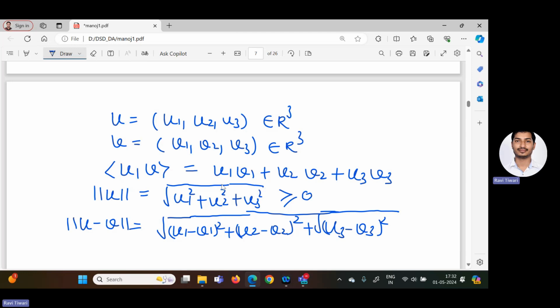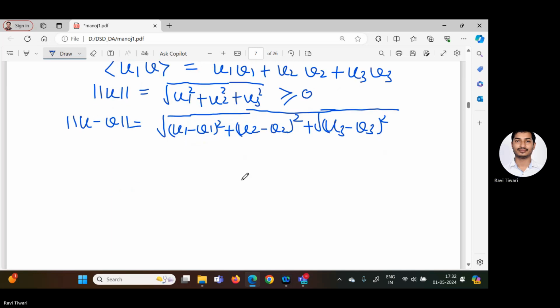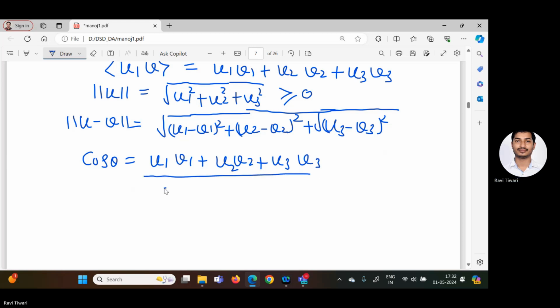And we have also studied how to calculate the angle between two vectors. If you have vector U equal to the same vector, then what will be cos theta? Cos theta we have studied as U1 V1 plus U2 V2 plus U3 V3 divided by mod U and mod V. This we have studied in vector calculus, but the same definition we can generalize in inner product space.